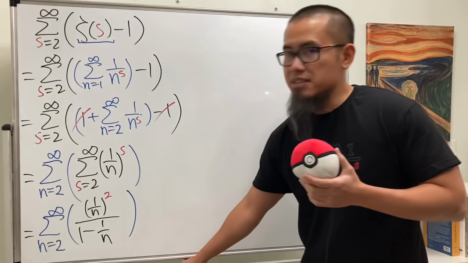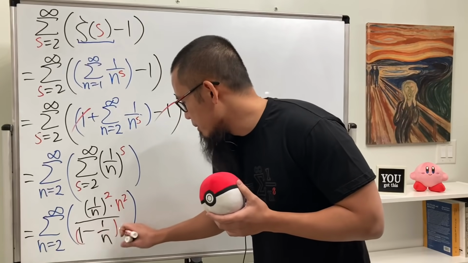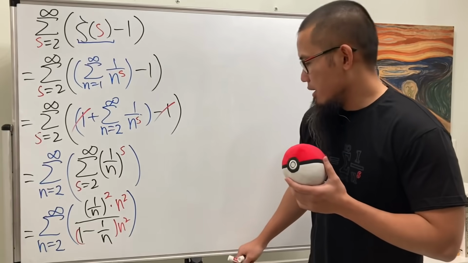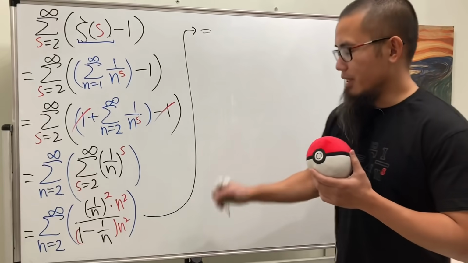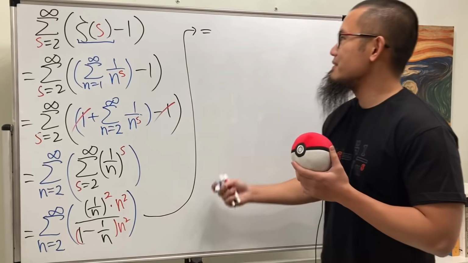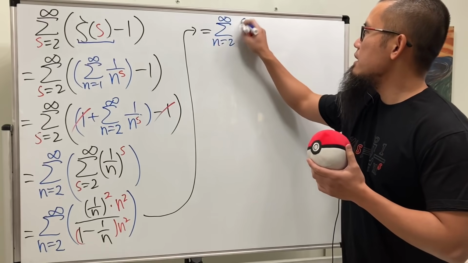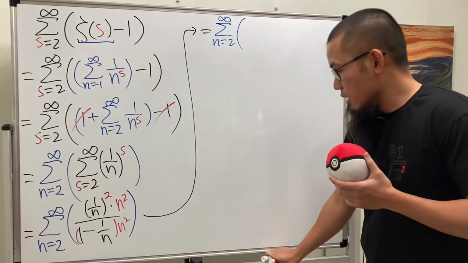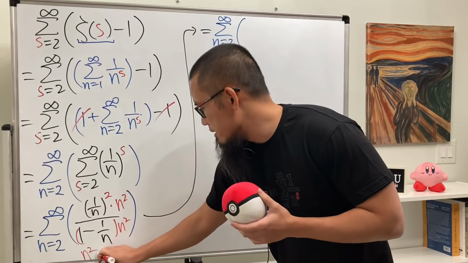All right. And we are going to clean this up a little bit. Multiply this by n squared and then multiply this by n squared. Okay, continue from here. This is equal to, again, the blue series on the outside as n goes from 2 to infinity. And we see that this times this is n squared and this times this is minus n.